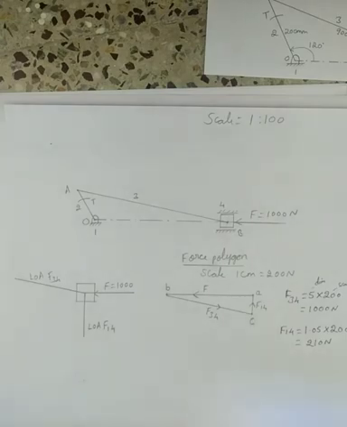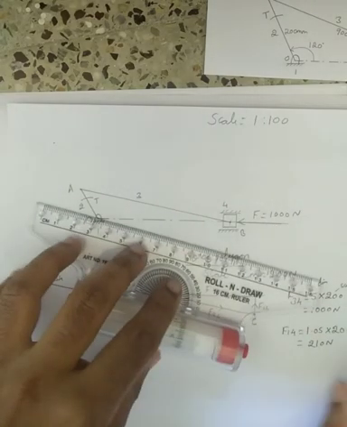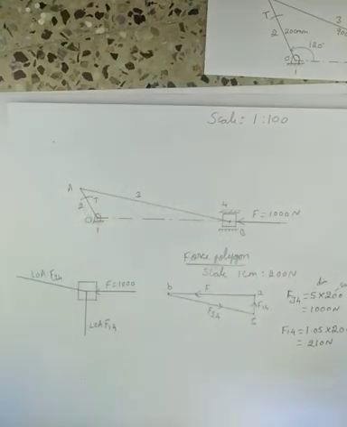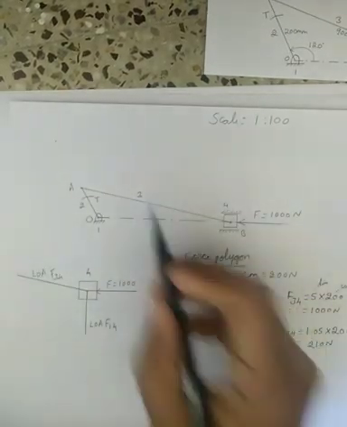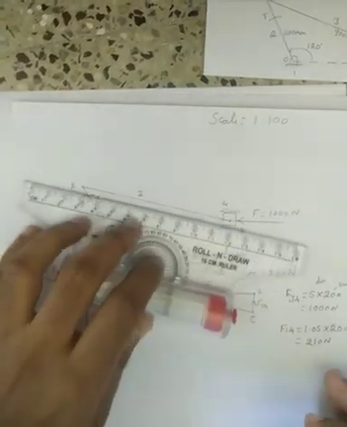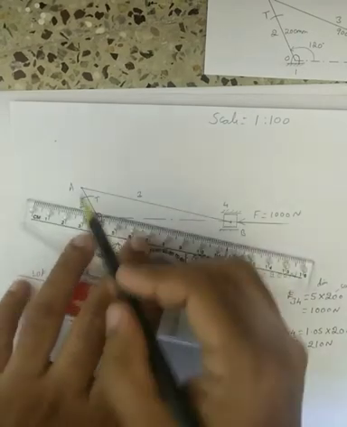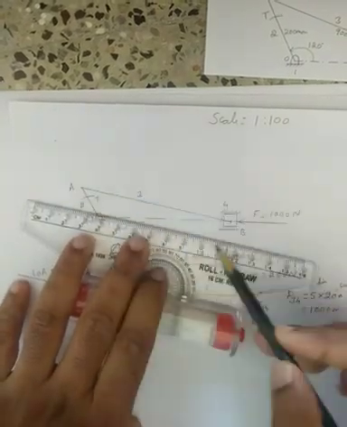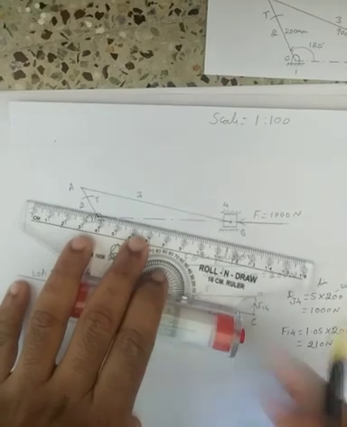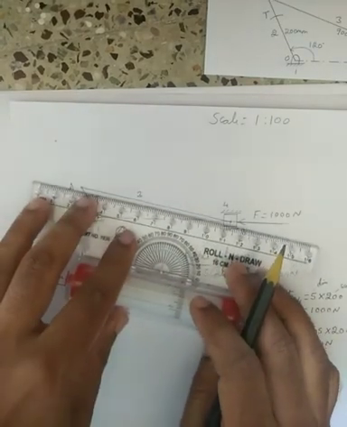Now I will find out the other directions and magnitudes. Okay, so now I will go for the link 3. Whatever dimension it is having, 9 mm, the same dimension you have to draw.